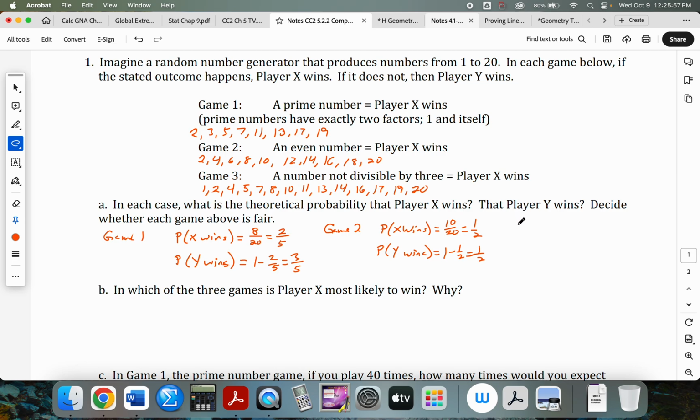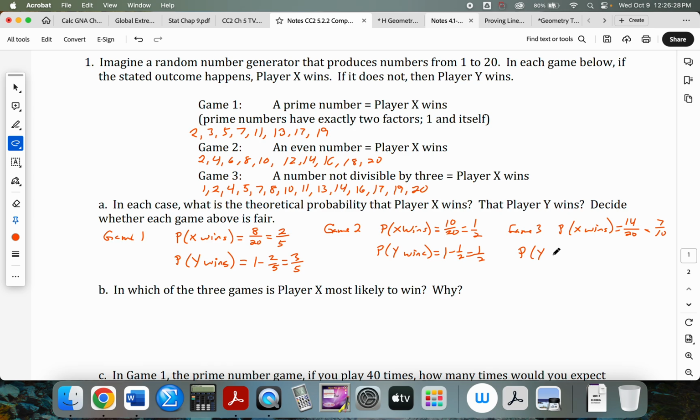And then game 3, the probability that X wins. Oh, there's a lot of those, aren't there? 1, 2, 3, 4, 5, 6, 7, 8, 9, 10, 11, 12, 13, 14 out of 20, which is 7/10.